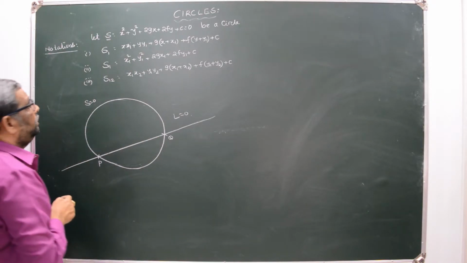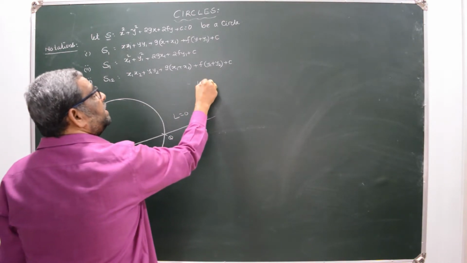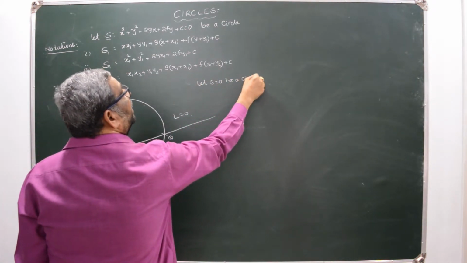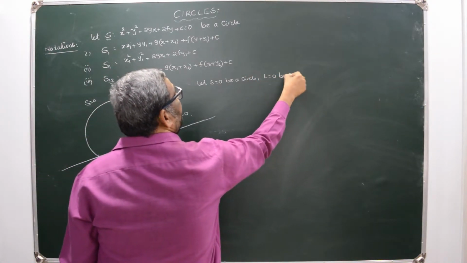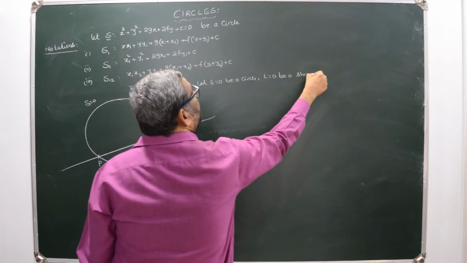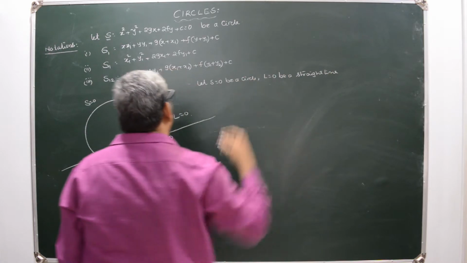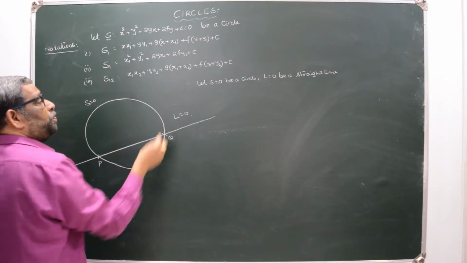Now here, I can say, let S is equal to 0 be a circle, comma L is equal to 0 be a straight line. Now here, this cuts the circle in 2 points.